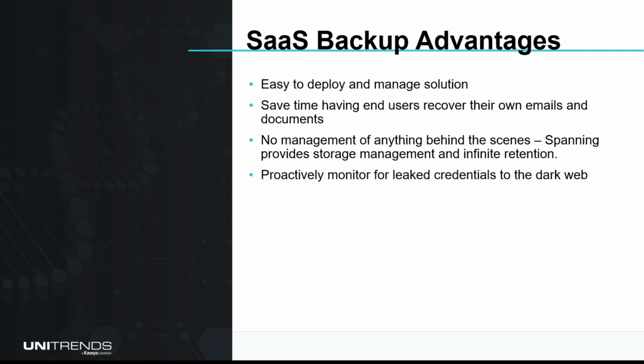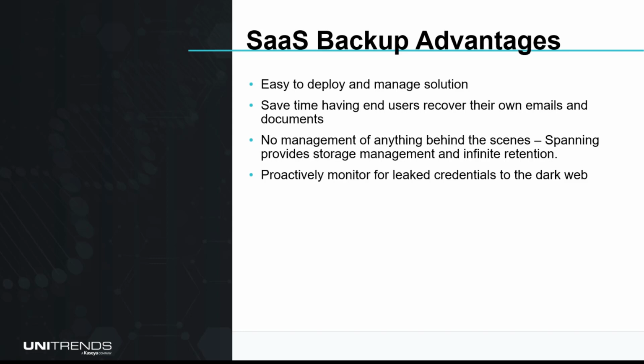Super easily allow Spanning to go in, back everything up, store it, and let them worry about the management, but get your data cloud to cloud so that you know you can recover no matter what happens to your tenant. And we can provide proactive monitoring for any leaked credentials that make it out to the dark web. What a great way to ensure that you are not only protecting the data, but also protecting your users and what other infrastructure those credentials may be able to unleash.